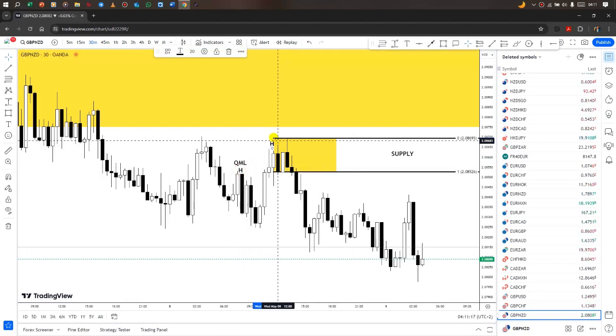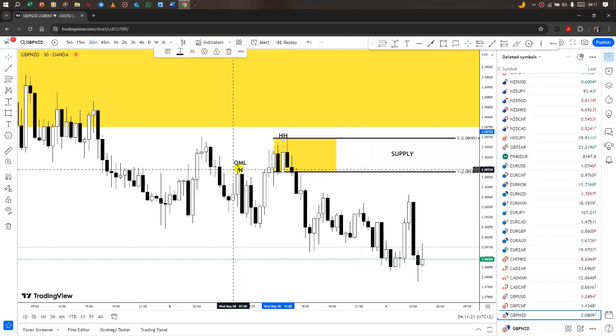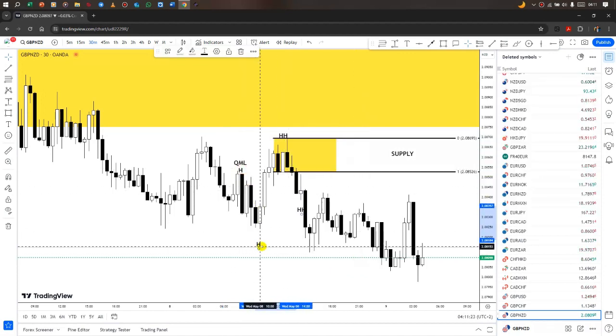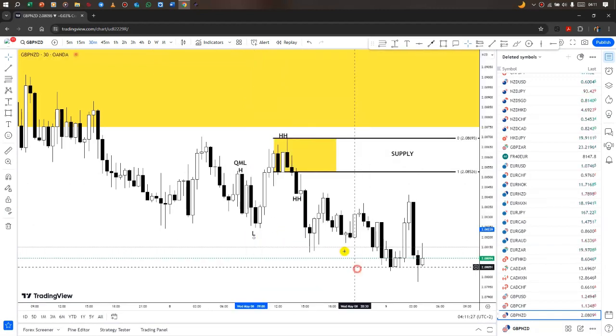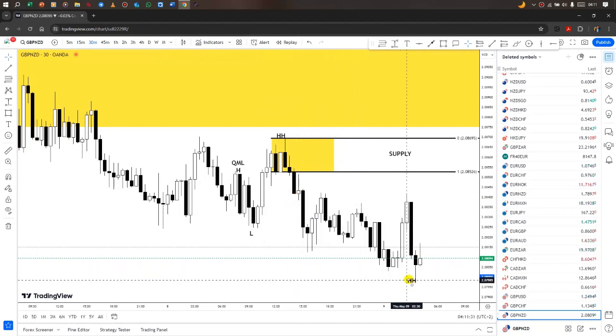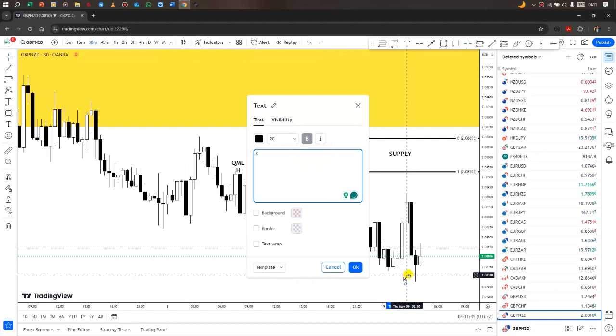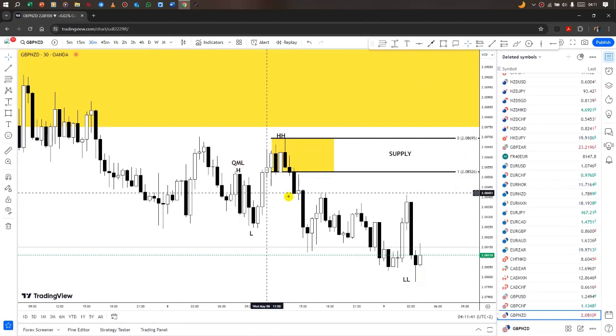That's how you determine them. Higher high, then we have our low here. Then this is the lower low, probably, if price does return there. So as you can see, there's our QML, guys.